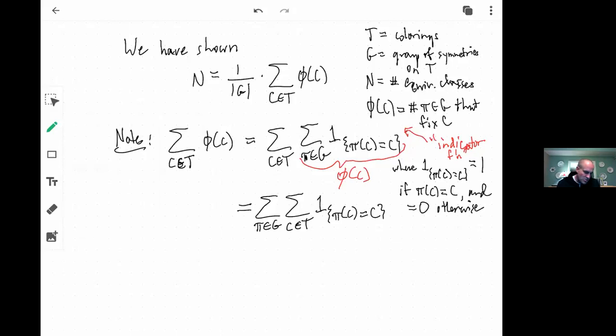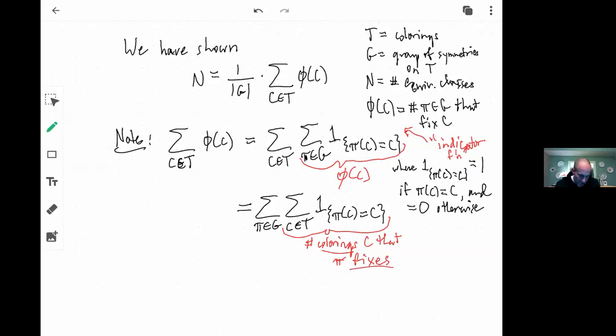Now look at this innermost sum right here. What is this innermost sum? Now I'm running over all of the colorings. Pi is fixed, right? So it's the number of colorings C that pi fixes, okay?